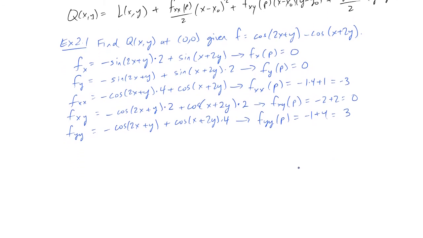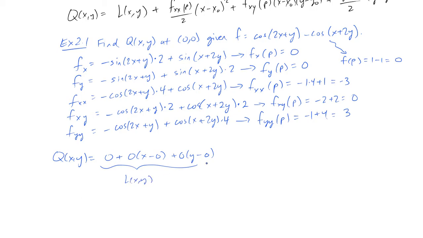Okay, so now we're ready for our quadratic approximation. Q of xy is going to be the function evaluated at 0. So f of 0, and I didn't do that, so let me do that right here. So f of p is, put 0 into this function, and I get 1 minus 1, which is 0. So we'll get 0 plus 0 times x minus 0 plus 0 times y minus 0. This is the linear approximation.